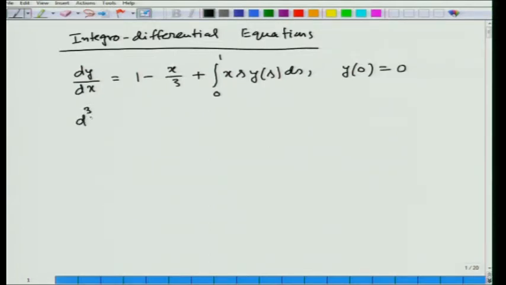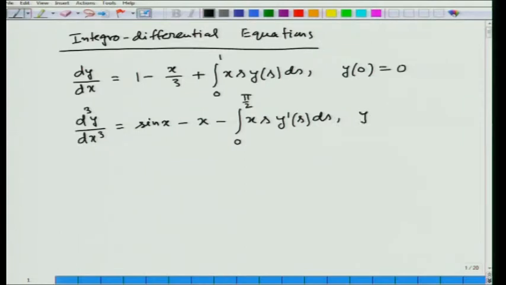Next, we consider another equation of this type: d3y/dx3 = sin x - x - integral 0 to pi/2 of x s y'(s) ds, with y(0) = 1, y'(0) = 0, and y''(0) = -1.